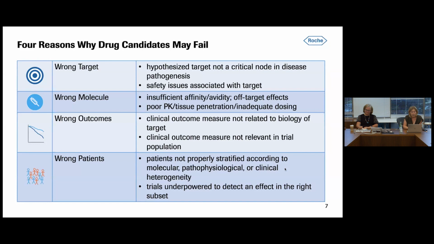But really, within a given disease, different biological pathways drive the disease, and so it's really important that you enroll the right patients. Biomarkers really have the potential to inform each of these 4 reasons why drugs may fail, and we really try to avoid failures and increase the success rate.